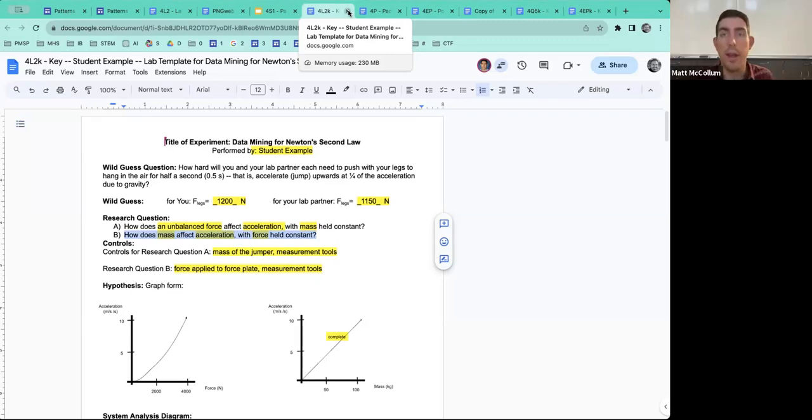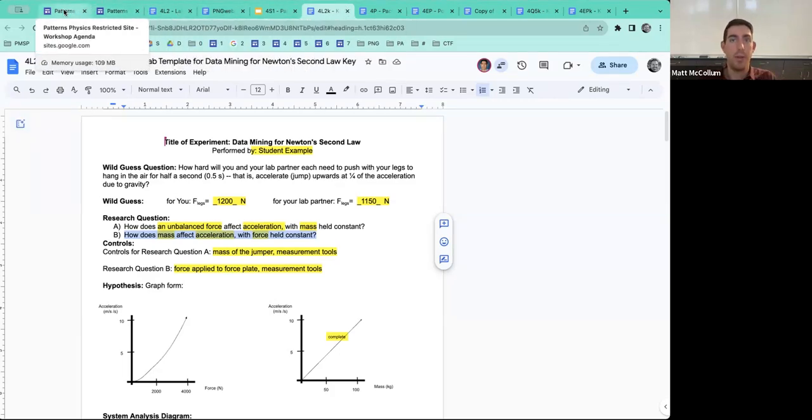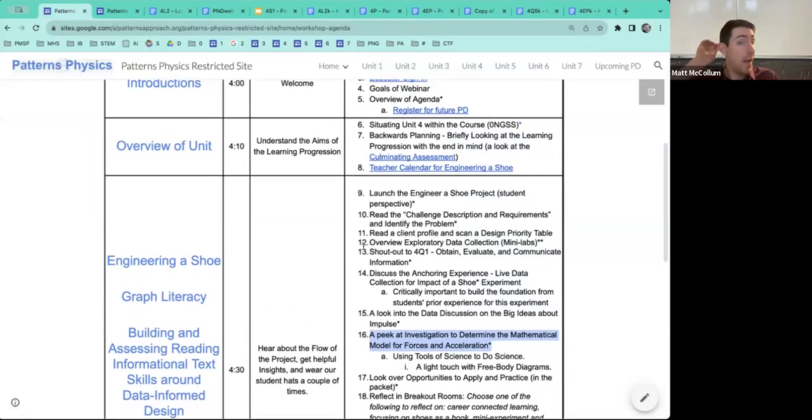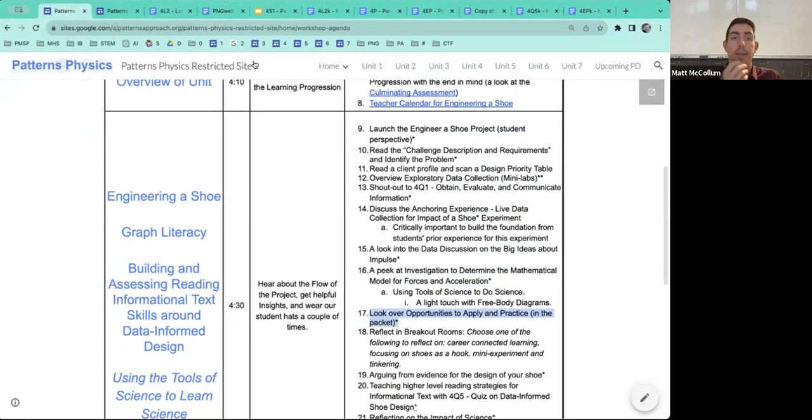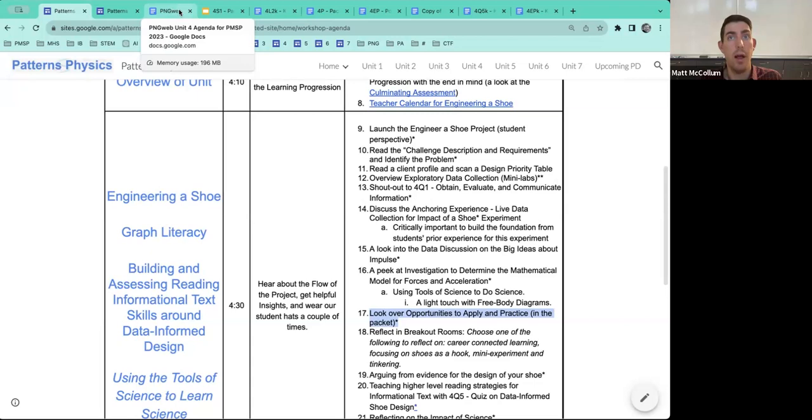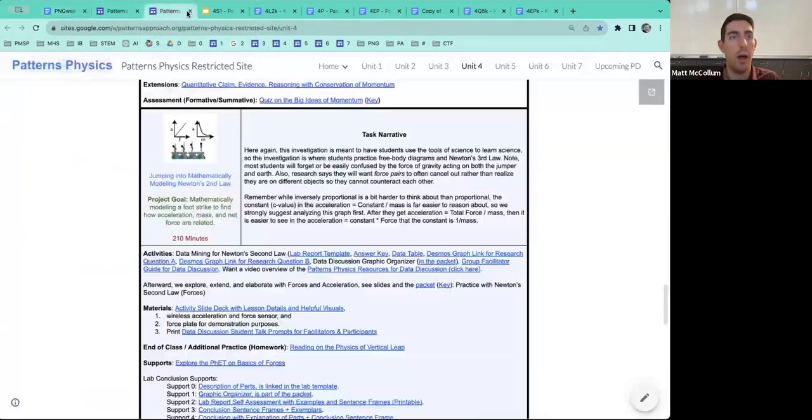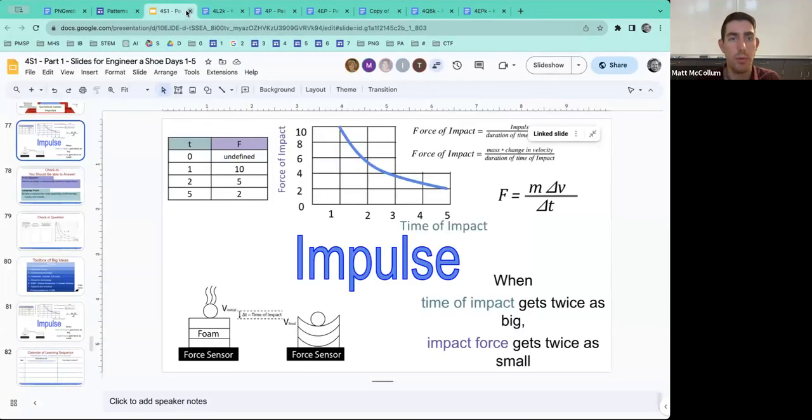Yeah, so we are getting close to a breakout room. We just wanted to look over some opportunities to practice and apply. This is in the packet, so maybe we'll look at those opportunities both for impulse and Newton's second law, and then we'll head into a breakout room to reflect.